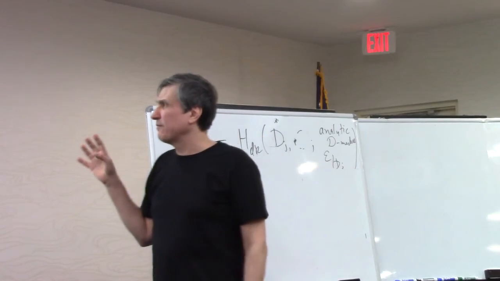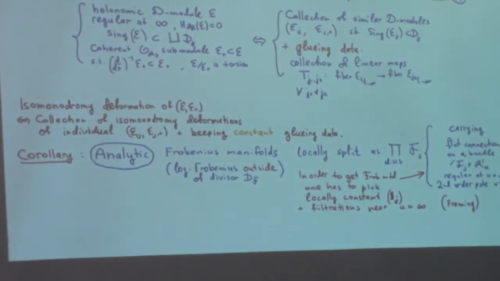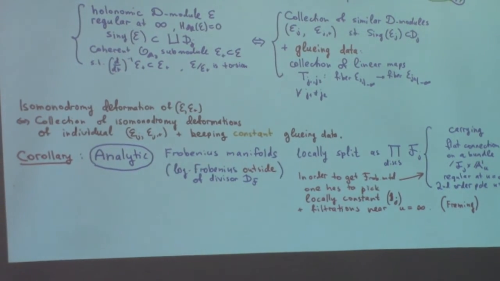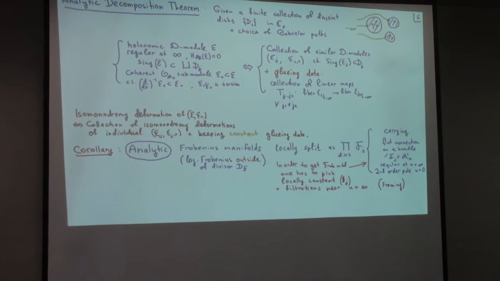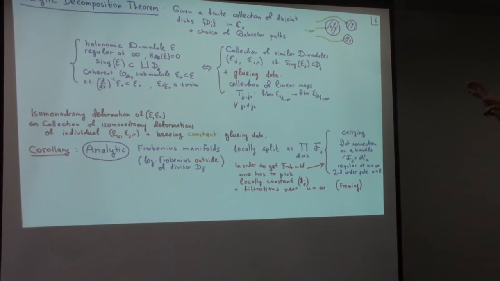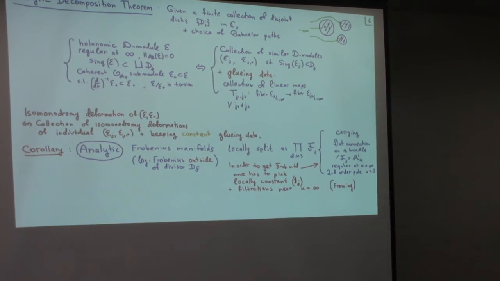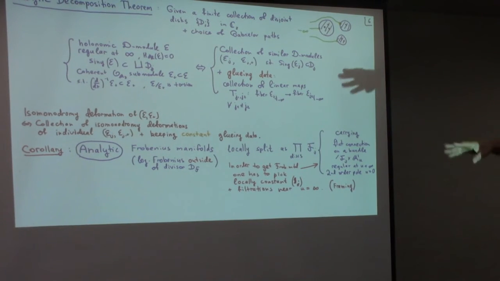This also can be rephrased in terms of Stokes parameters, but it's an equivalent story, that Fourier transform corresponds to another. So we have this way: if we bound that my moving point sits inside certain domains, then I have a description as individual local pieces and some topological data.